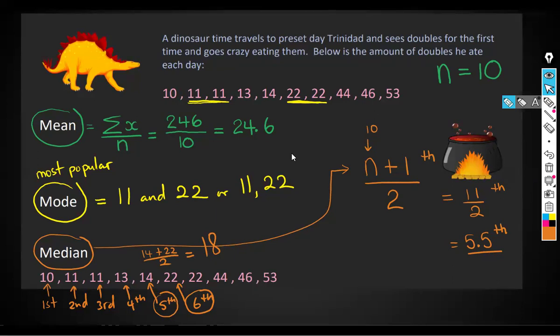So sometimes the placement of the median can fall in between two values. So that's why I made sure and showed you that at the beginning of class today. You see how all of these values are separated from each other, like the dinosaur, when we're just gathering information on the dinosaur. One day he eat 10, next day he eat 11. You call this raw ungrouped data. I spelled grouped wrong.